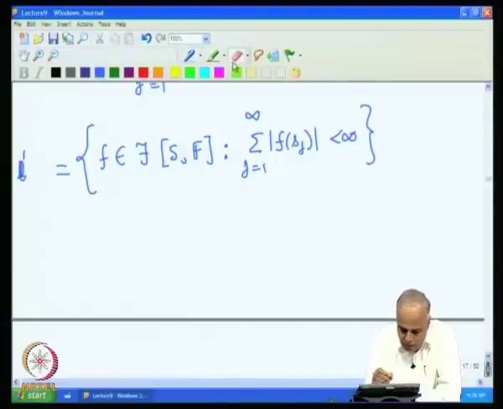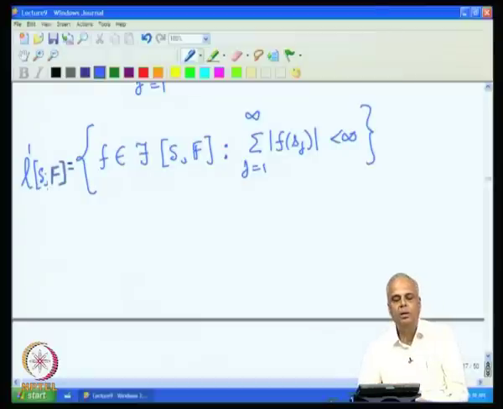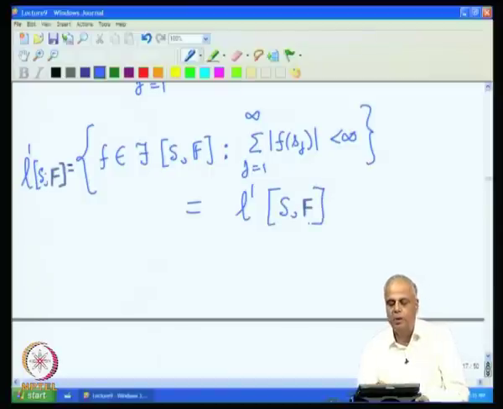Let me write this carefully. This is now denoted by l1(S, R). So, this is the space l1(S, R). So, it is not all functions from S to R. Among the functions from S to R, we only choose those functions for which this sum is finite.